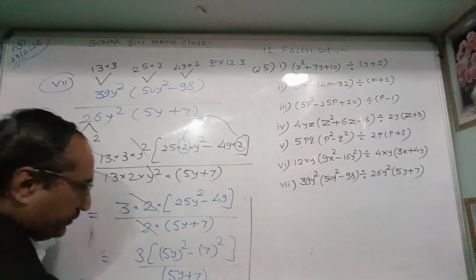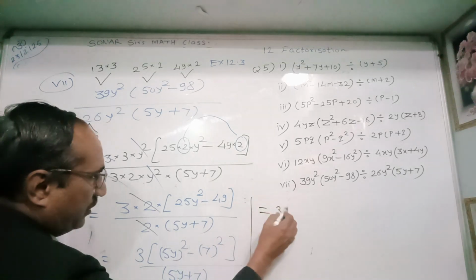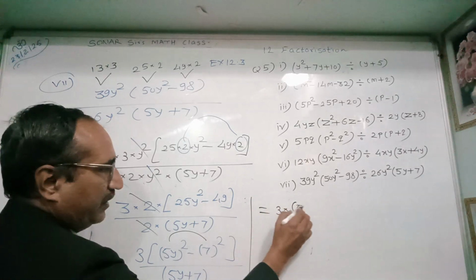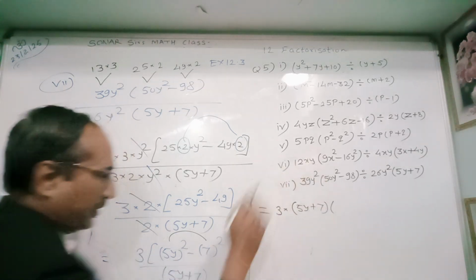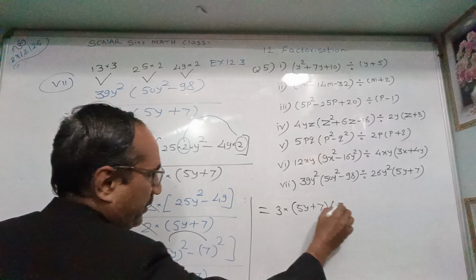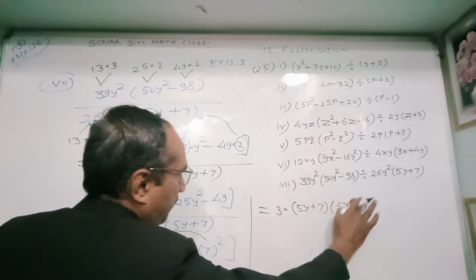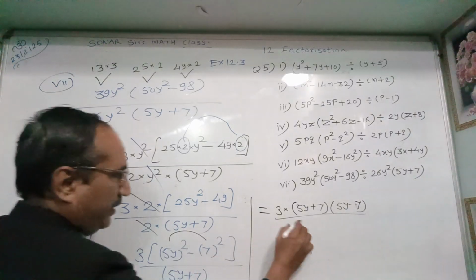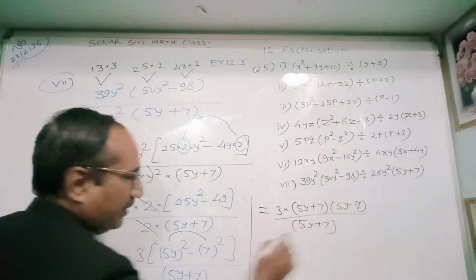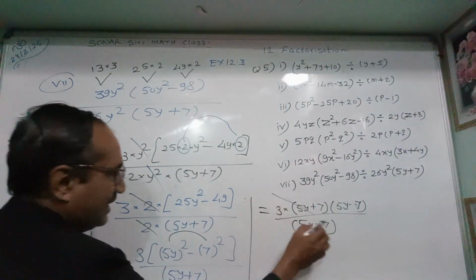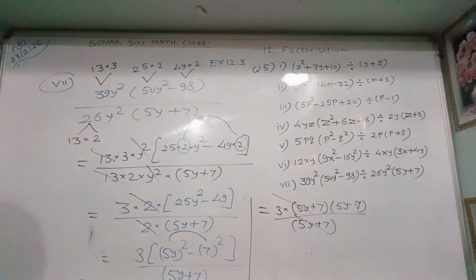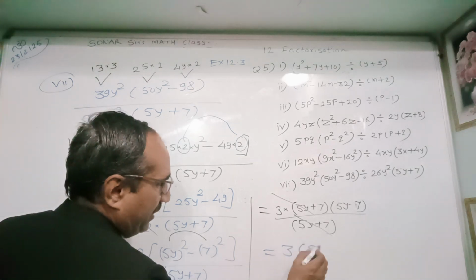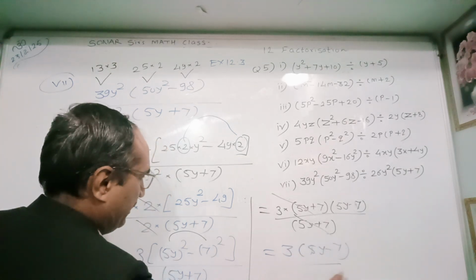Here 3 in bracket, in one bracket we take the addition, that is 5y plus 7, and in another bracket their subtraction, that is 5y minus 7. In the denominator there is 5y plus 7, so both will get cancelled. 5y plus 7 with 5y plus 7, and the answer is 3 in bracket 5y minus 7.